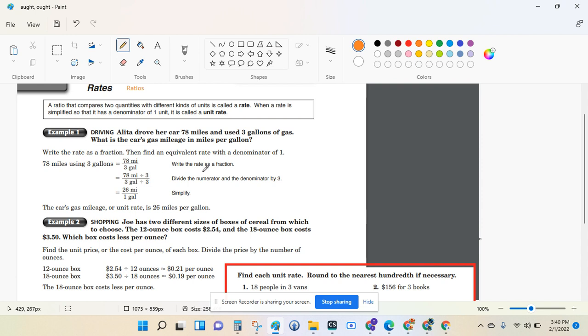Well, if you were planning a trip and you know that you need to travel 78 miles, you would need to know how much gas it would take to get there and back, right? So you'd have to know how much money in gas you would need. Or if you were looking for a vehicle, you might look at a truck and it says you get 10 miles to a gallon.